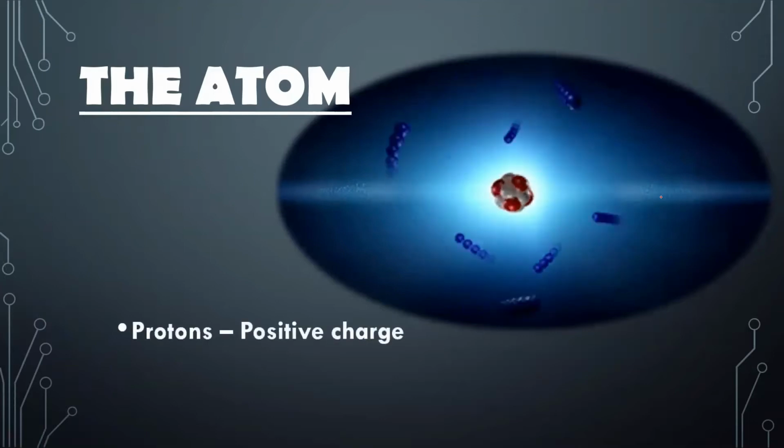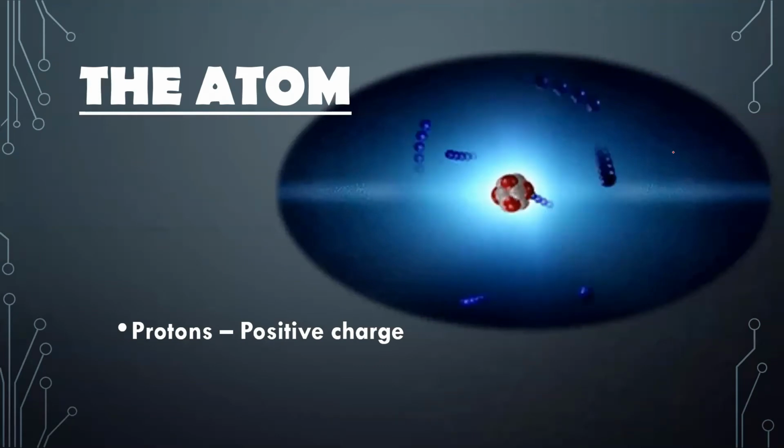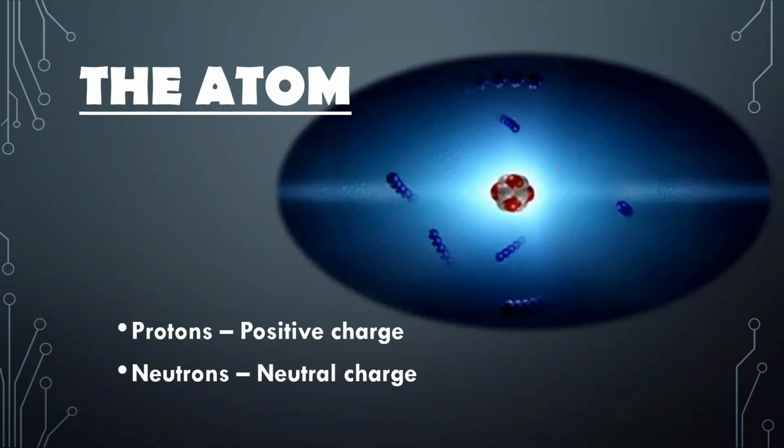Okay, so first we have the protons. Protons are the positively charged particles, so they carry a positive charge. Then we also have the neutrons, which are neutral. Since they are neutral, they are neither positive nor negative in charge.